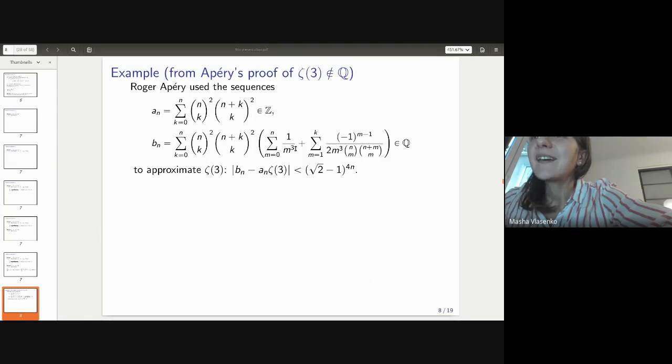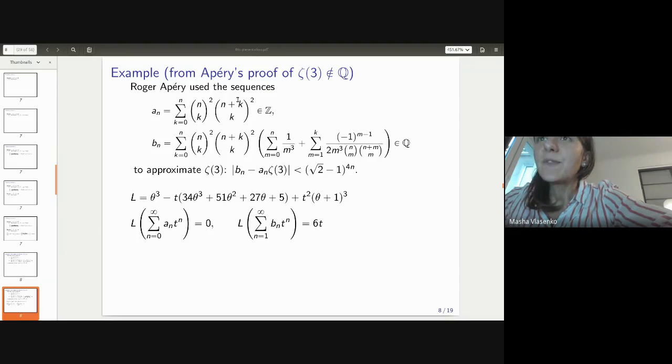He has control of the denominators of Bn, and he does estimates of denominators of Bn such that irrationality follows from this estimate here. But from our point of view, what is important is that both sequences An and Bn satisfy the same recurrence relation, which corresponds to this differential operator of order 3. I will call it Apéry's differential operator.